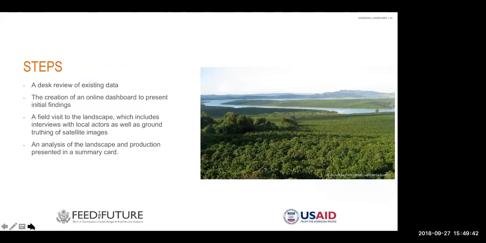And we use that as a stepping stone into how we engage with communities. So it's not a static thing that sits on a shelf, but we use it as a way of engaging more stakeholders in these landscapes to develop common action plans and investment strategies across the coffee producers, the NGO community, the corporate community, and the government agencies themselves. Next slide.